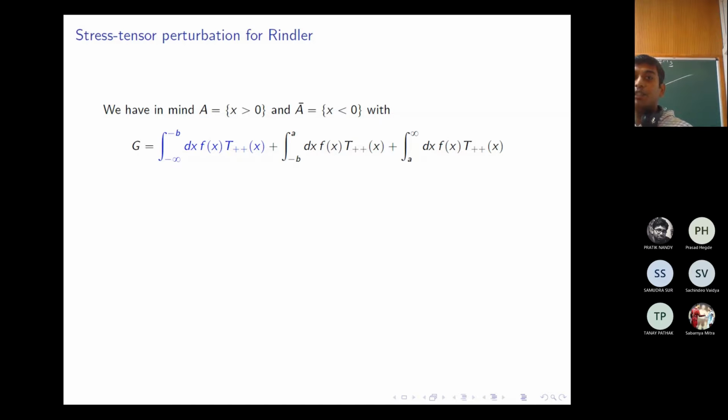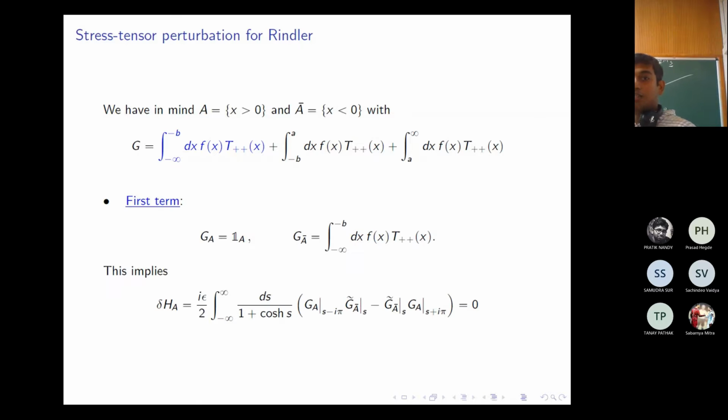So let's work with the first part, and I can just work individually with all the parts because it's a first order in epsilon result, so they will simply add up. If I take the first term, then here all the perturbation is in the A bar region. So GA is identity, and GA bar is this. If I just plug it in here, it trivially goes to 0.